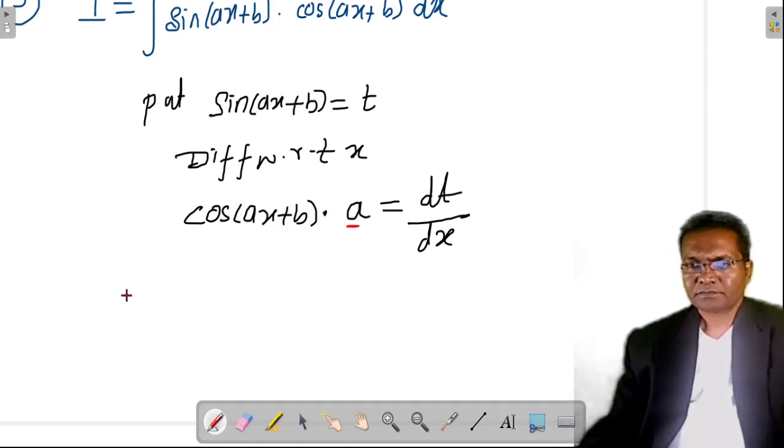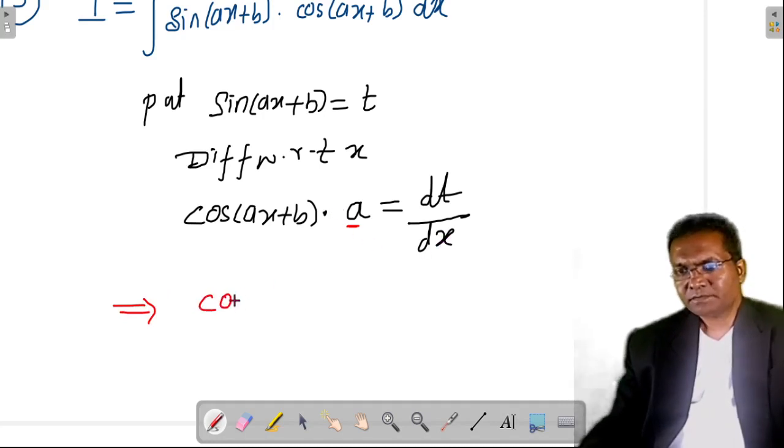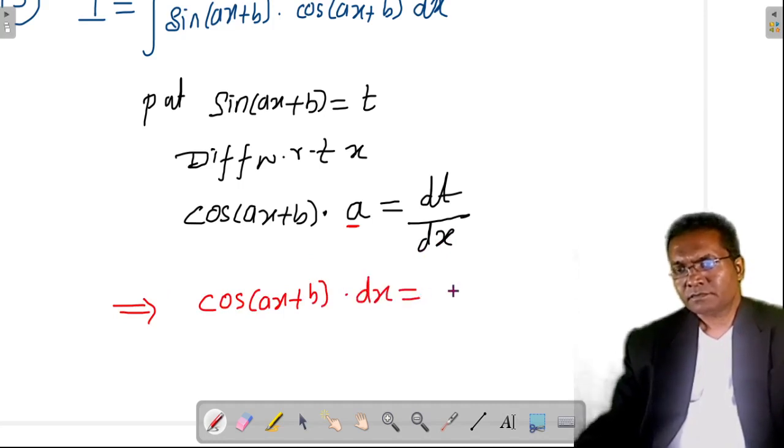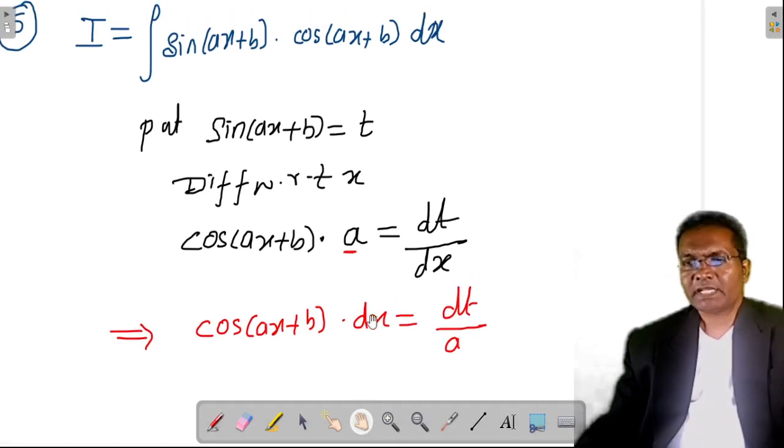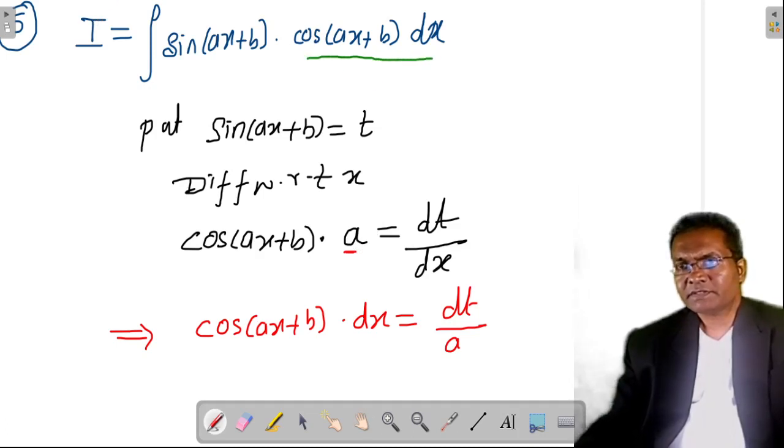Now you transfer dx to this side. It is dt by a on this side, because we need this. We want the value of this.